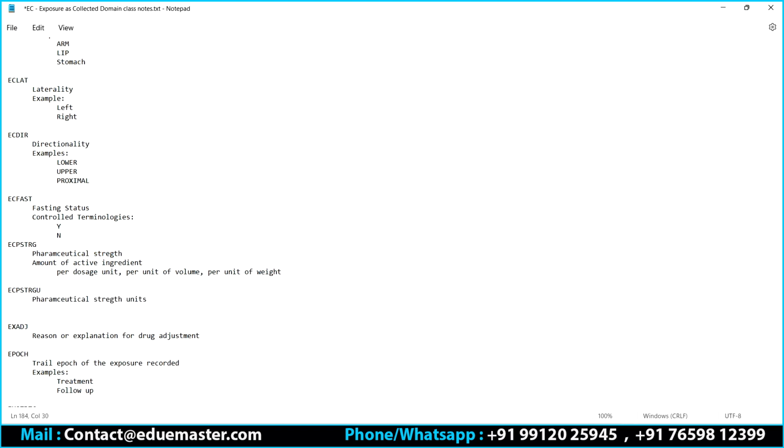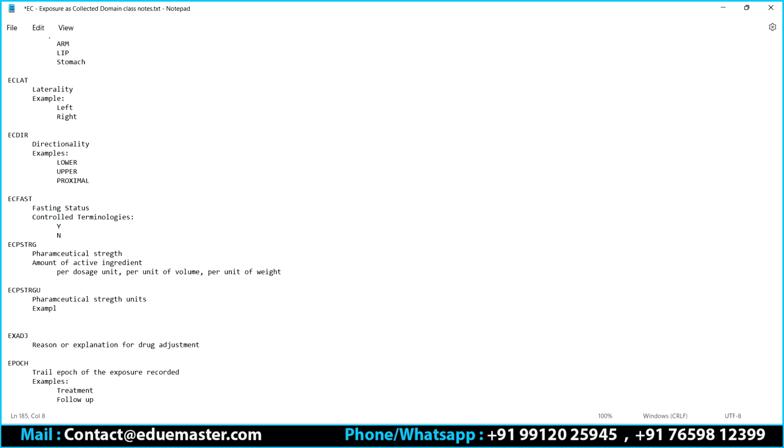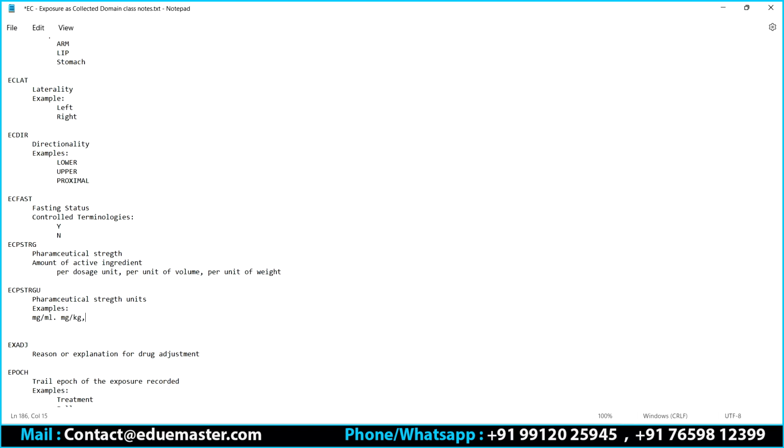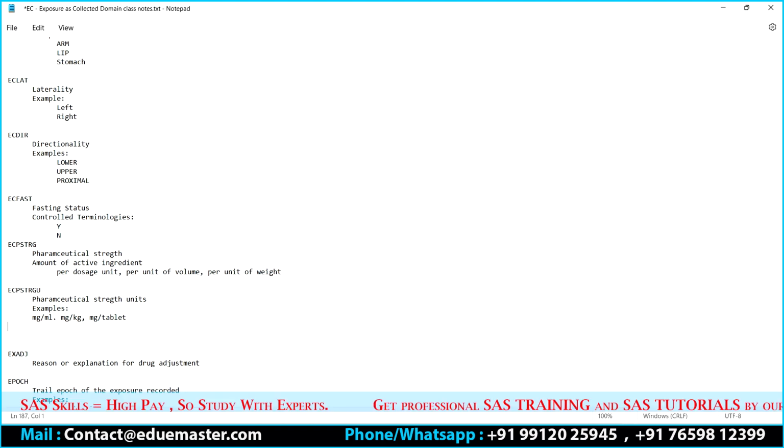What is the unit that we want to define? The examples are mg per ml, or mg per kg, or mg per tablet, 500 mg tablet, or however we are going to mention this. That information will go under your pharmaceutical strength unit in your domain.